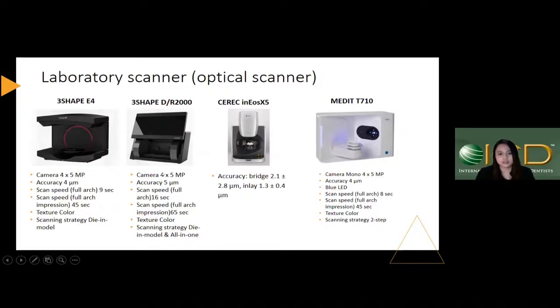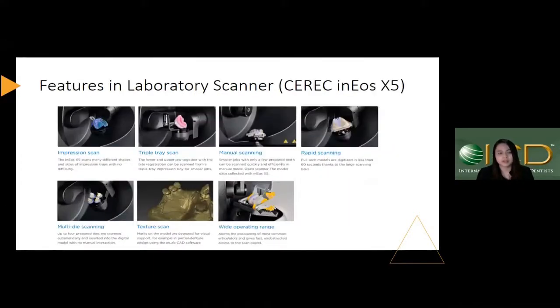You have to evaluate the accuracy of the scanner, the scanning speed, how long it takes for a full arch scan, whether it can also scan impressions, whether the scanner can also scan color, and how many steps the scanner needs for scanning the model. So these are some features that can be available.